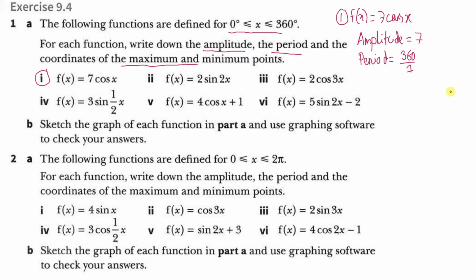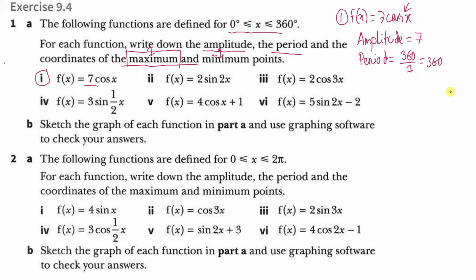This is the period. It means we complete one cycle in 360 degrees. Since there is 7 in front, its maximum is 7 and minimum is -7. But where it occurs, we need the basics of the cos graph.